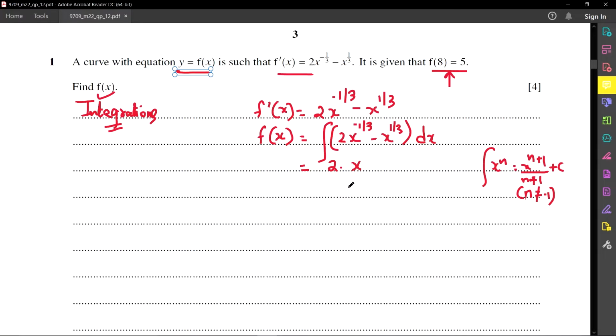So x power minus 1 by 3, when you integrate, you get x power minus 1 by 3 plus 1 divided by minus 1 by 3 plus 1, minus x power 1 by 3 plus 1 divided by 1 by 3 plus 1, plus c.